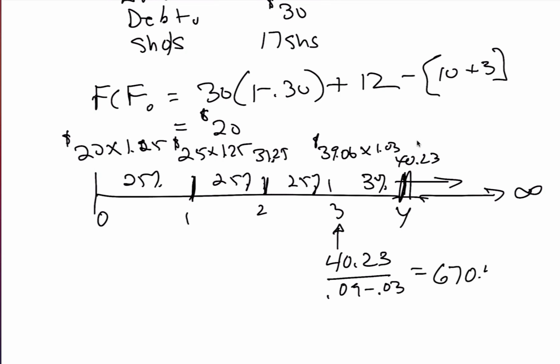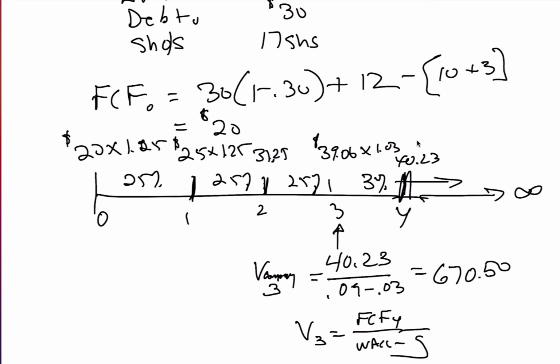That is the value of the corporation, the value of the company in year 3. So really what I did was I valued the company in year 3 as equal to the free cash flow in year 4 divided by the weighted average cost of capital minus the growth rate. And that's the growth rate that it goes to infinity.